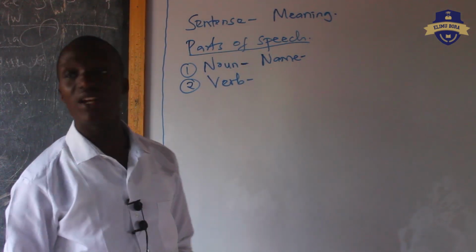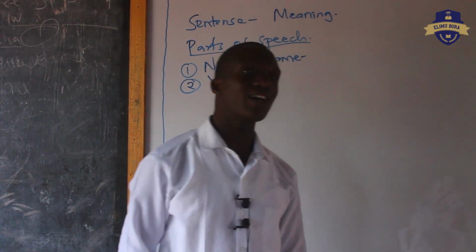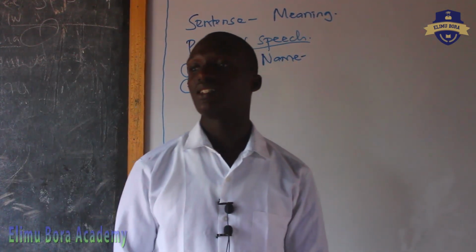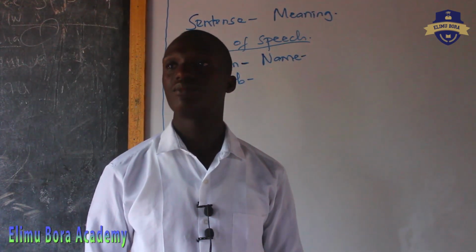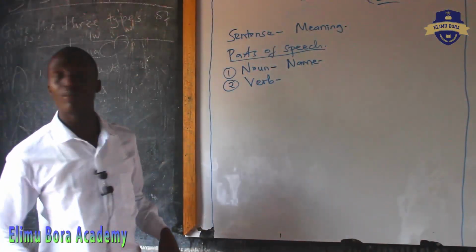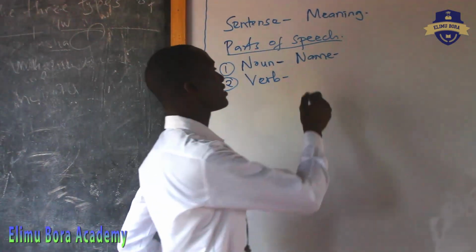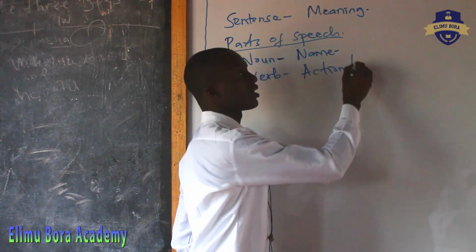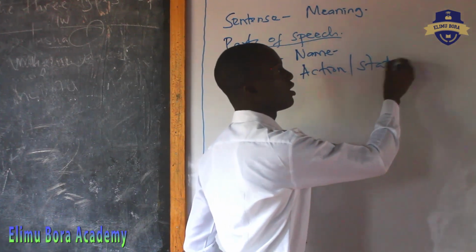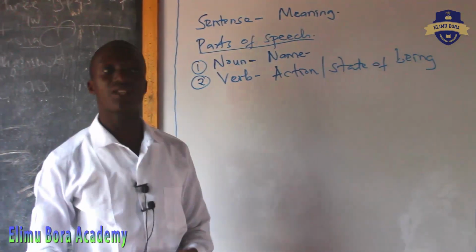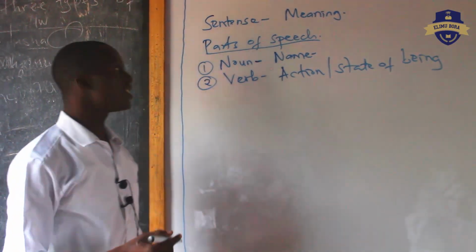So whoever is holding the placard for a verb should raise it up. Show your fellow classmates. So a verb in a sentence is a word that shows an action or state of being.